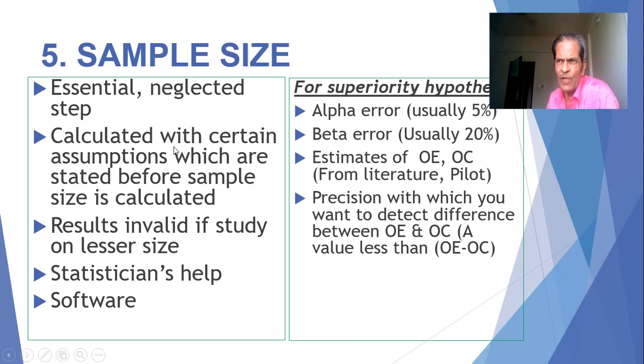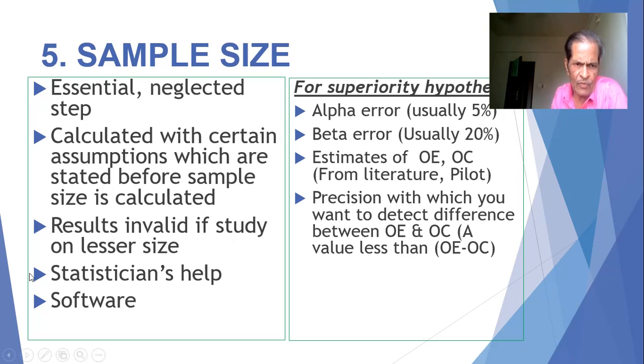If the sample size is too large, that may make the study not feasible in the given circumstances. The other reason why the sample size requirement is important is that the results become invalid if the study is on a smaller sample, or the number of individuals included is less than the sample size calculated by the statistics.